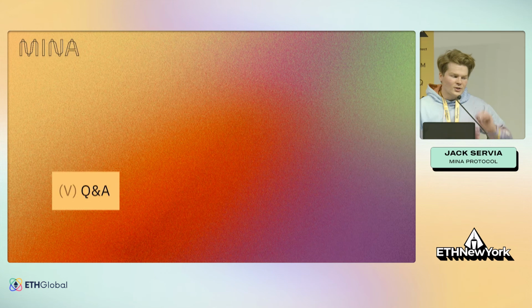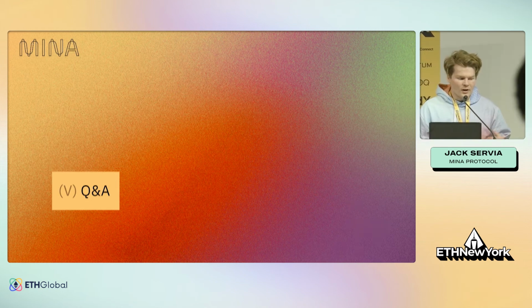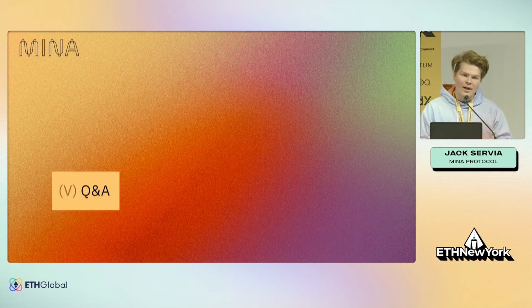So the question is, is the verification a claim that something is true, as opposed to I did all this computation and I'm showing it? Yeah, the proof is basically a claim that you did the computation correctly without having to show it.